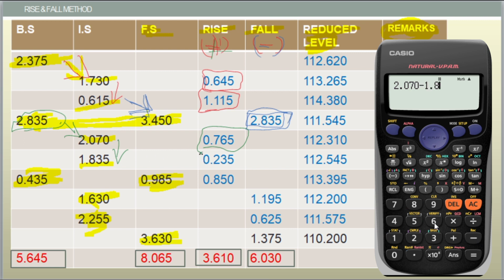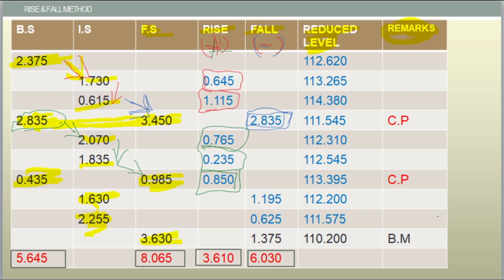By subtracting that we get a positive 0.235. And then our third reading we subtract by the last reading of the second positioning of the instrument, and again we get a positive 0.85. So there we have a rise.